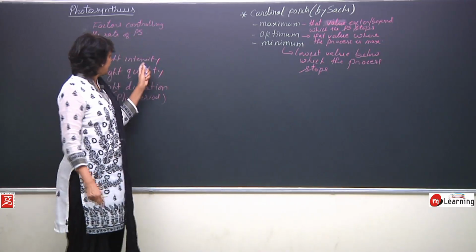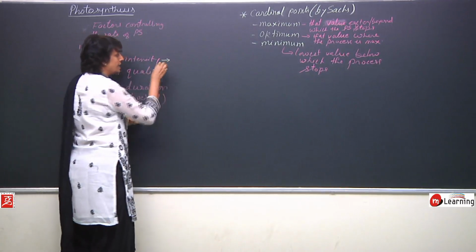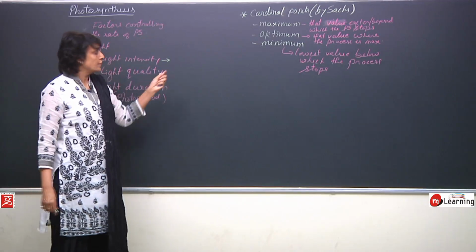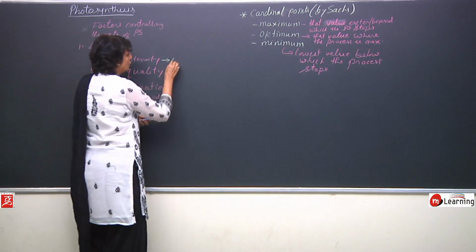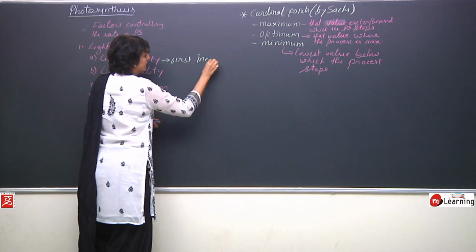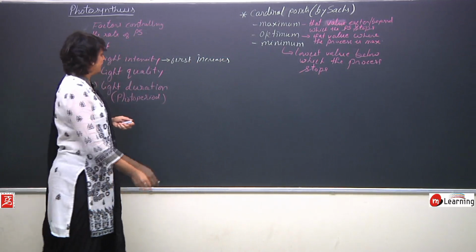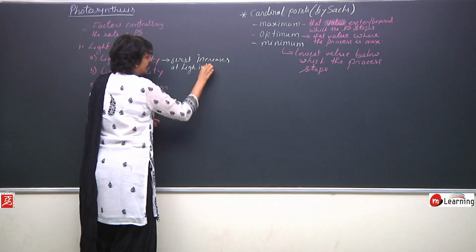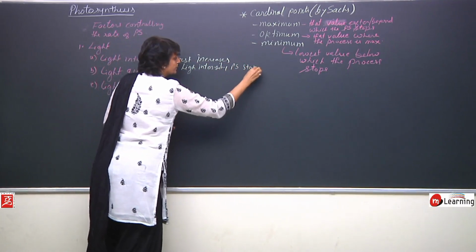So with increase in light intensity, gradually the rate of photosynthesis first increases, and at a very high intensity the photosynthesis declines and then finally stops.